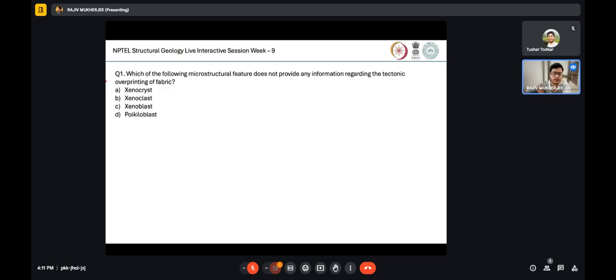So the first question asks: which of the following microstructural features does not provide any information regarding the tectonic overprinting of fabric? Option A, xenocrysts. Option B, xenoclast. Option C, xenoblast. And option D, whiteinoblast.